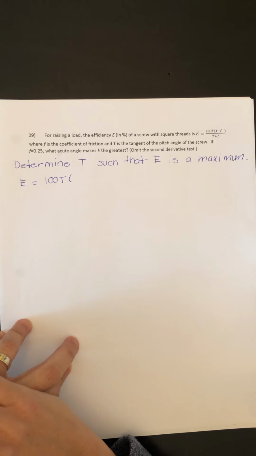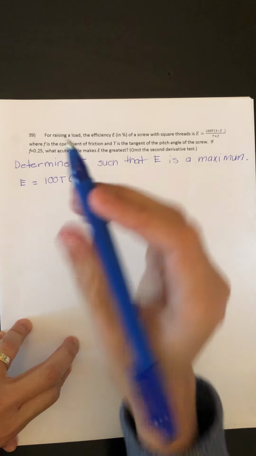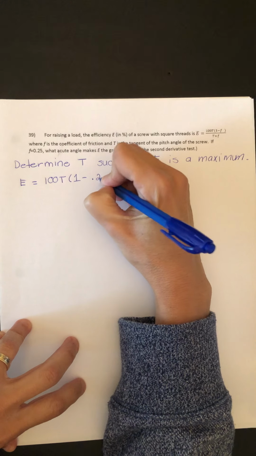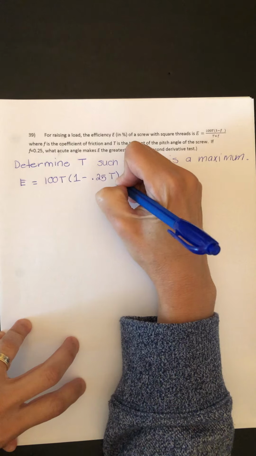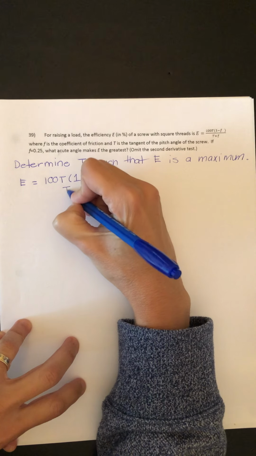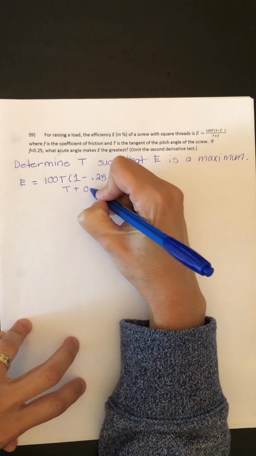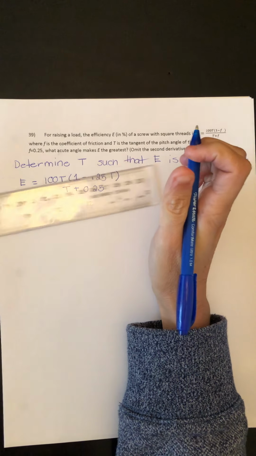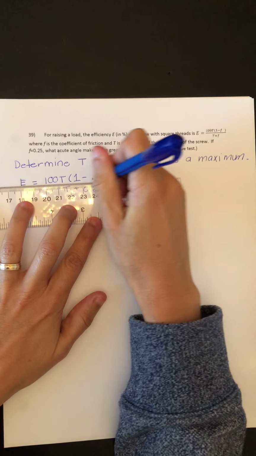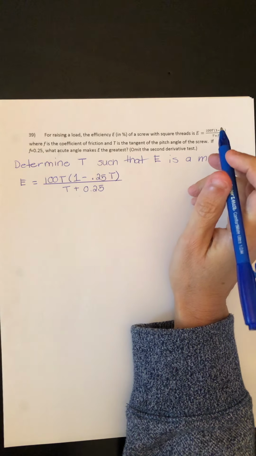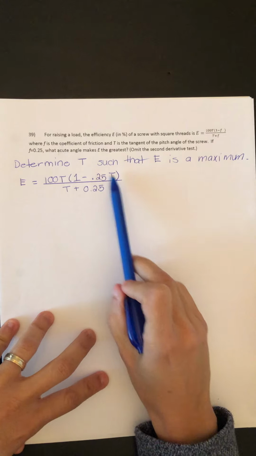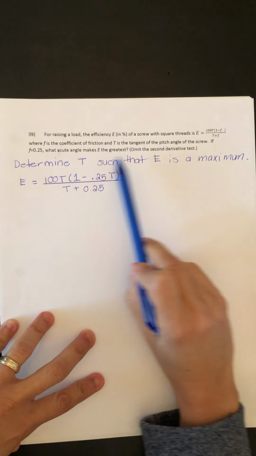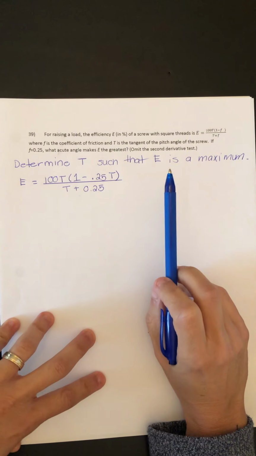That's the coefficient of friction. So I'm going to substitute that here as well. All right, like that. So that's much better in that now the equation involves only the variables T and E. So that's a good step.